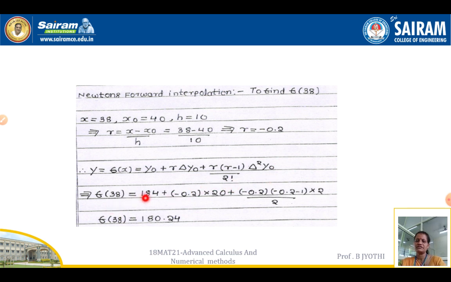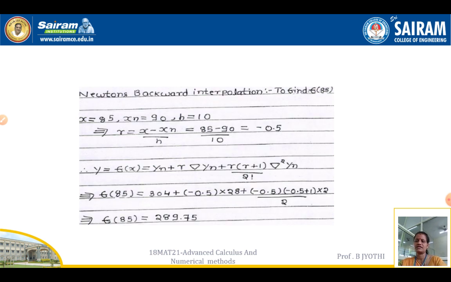So f of 38 on substitution: 184 plus minus 0.2 into 20 plus minus 0.2 into minus 0.2 minus 1 into 2 divided by 2, that gives us 180.24. This is for f of 38.